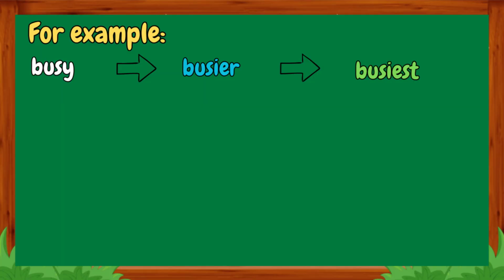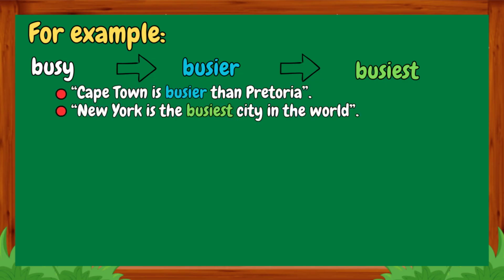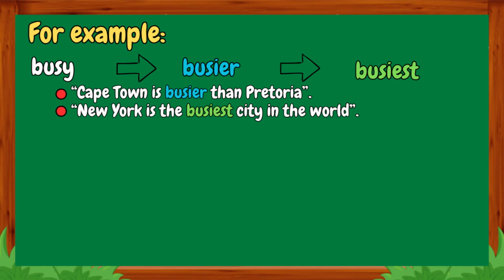But let's go look at some examples. Busy, busier, busiest. Cape Town is busier than Pretoria. Of course, we are comparing two things to each other, so the comparative adjective. New York is the busiest city in the world. The superlative. Now New York is compared to all the cities in the world.